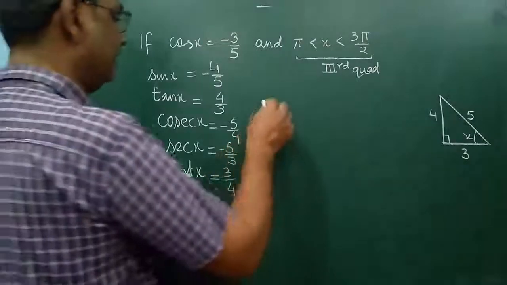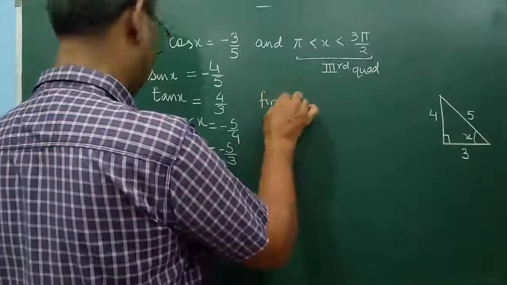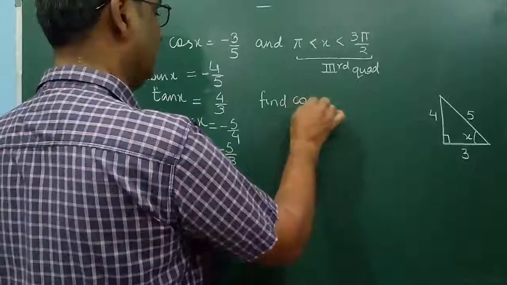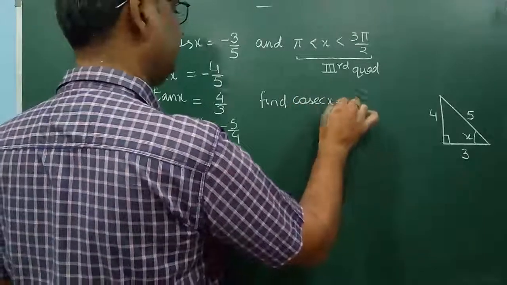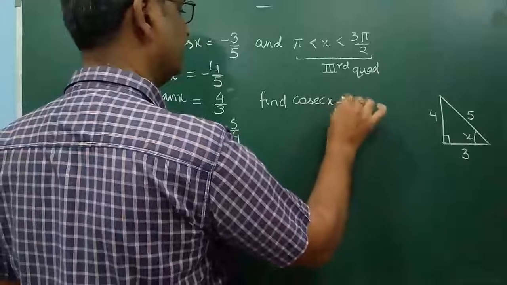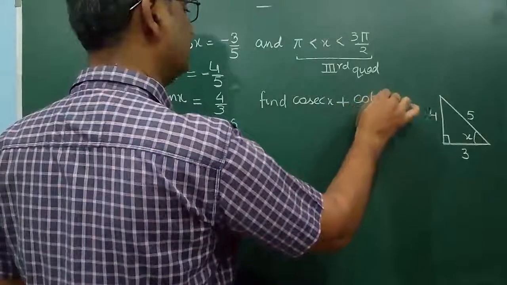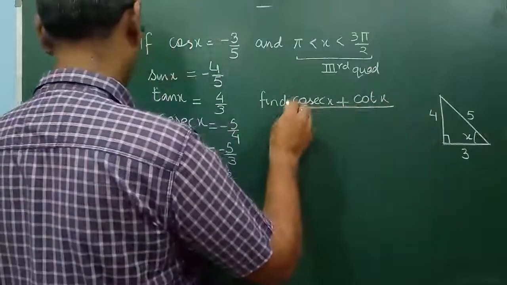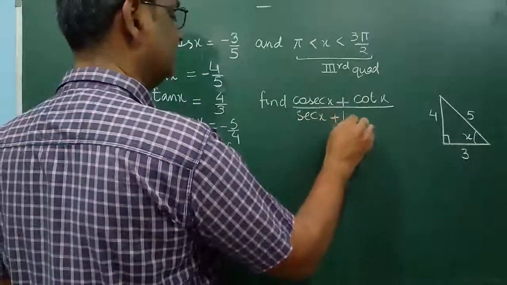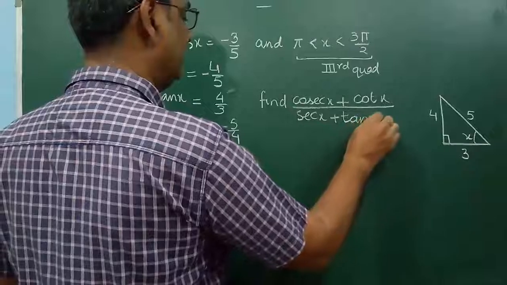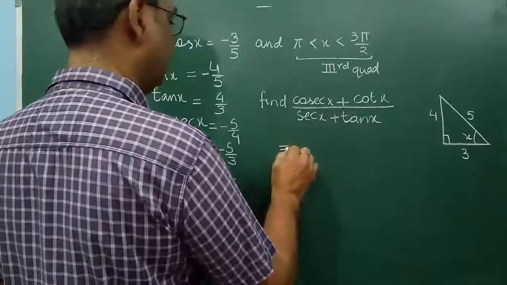Now we have to find the value of cosec x plus cot x whole upon sec x plus tan x. Now put the value.